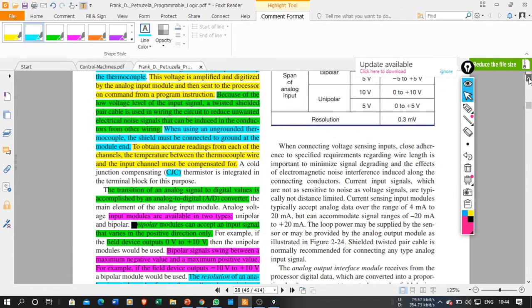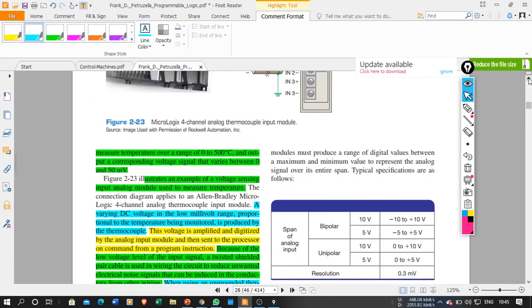Analog input modules must produce a range of digital values between maximum and minimum values to represent the analog signal over its entire span. Okay, so whatever the analog input module I am going to use, it must produce a range of digital values between the maximum value and minimum value to represent the signal.